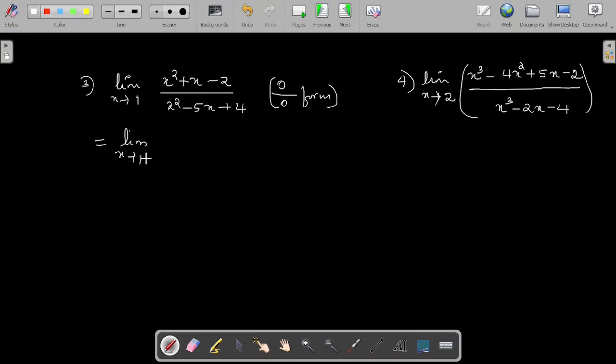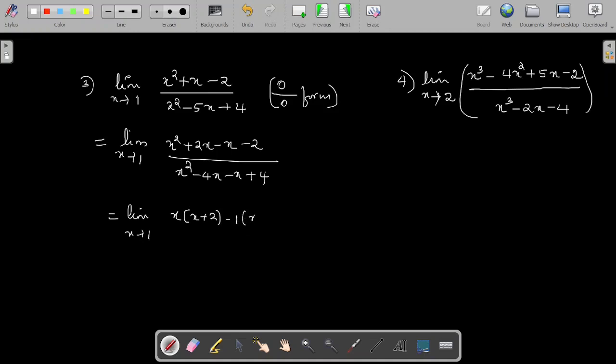Limit x tends to 1. These two are quadratic polynomials. So factorize them. x square plus 2x minus x minus 2 divided by x square minus 4x minus x plus 4. So this gives you limit x tends to 1, x into x plus 2 minus 1 into x plus 2 divided by x into x minus 4 minus 1 into x minus 4.